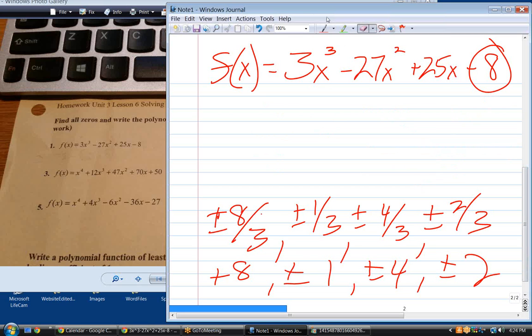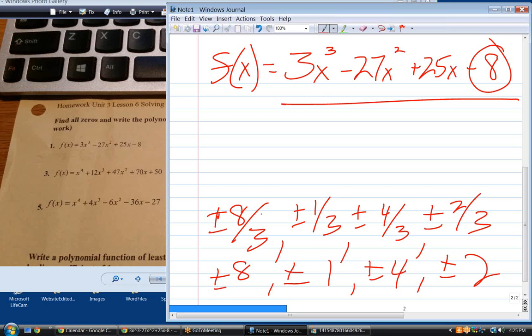And from this point, you go through and synthetically divide this polynomial by each of these possibilities until you get a 0 as a remainder. When you get a 0 as a remainder, that means that's a factor. None of these are going to work except plus 8.